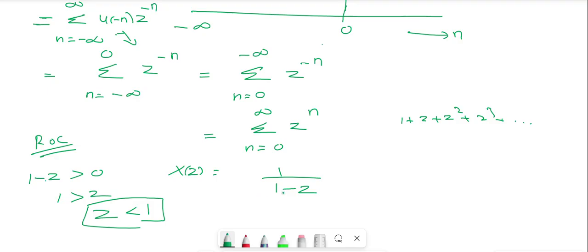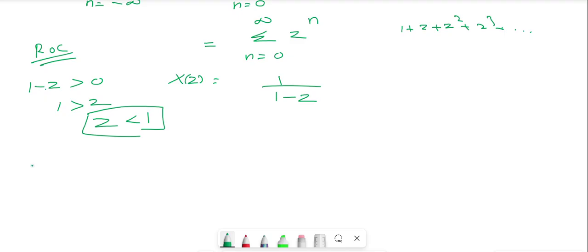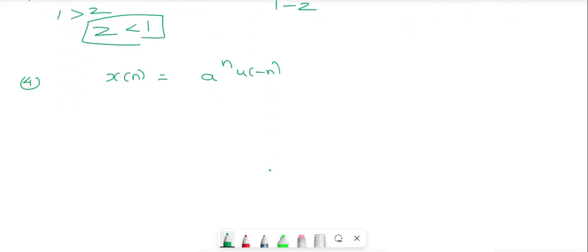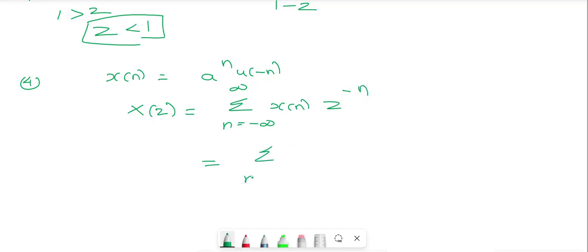Similarly, now the next problem: if x of n is equal to a power n into u of minus n. In that case, you should know how to apply the limits here. So what is x of z? The summation of n equal to minus infinity to plus infinity x of n into z power minus n, where x of n is a power n into u of minus n.